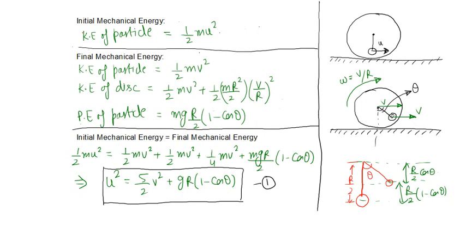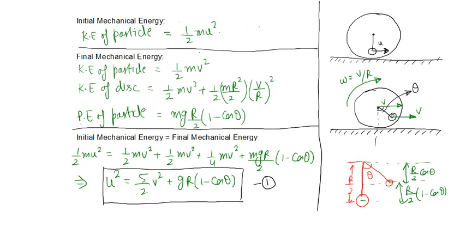Now particle will also gain some potential energy. So if I assume that at the initial instant the potential energy of the particle was 0, then particle has moved in upward vertical direction by an amount r by 2 into 1 minus cos theta, as you can see here. Okay, so in this diagram, initially particle was at a distance of r by 2 from this point, which is the center of the disk.